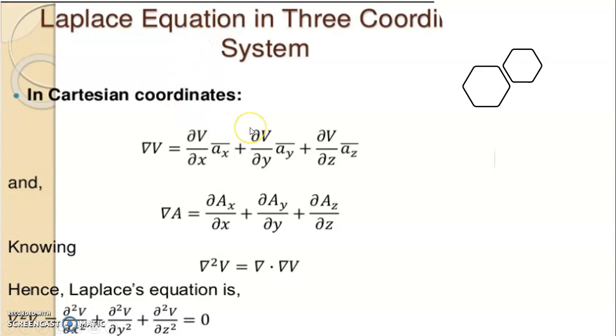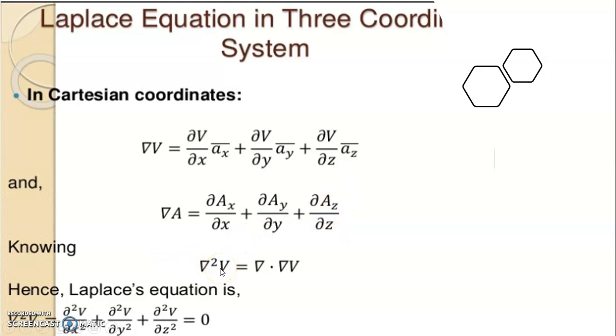Now, these are the formulas of Laplace equation in the three coordinate systems. We all know that del V is del V upon del x of ax plus del V upon del y of ay plus del V upon del z of az. And del A is del upon del x of ax plus del upon del y of ay plus del upon del z of az. Now what is del square V?